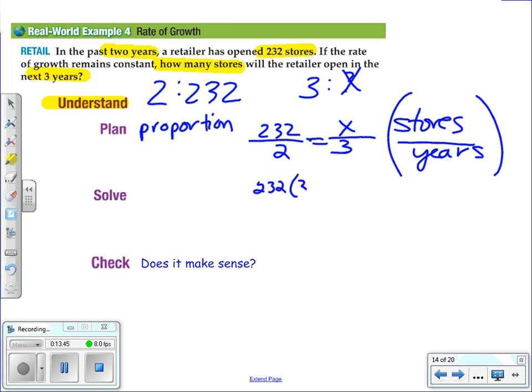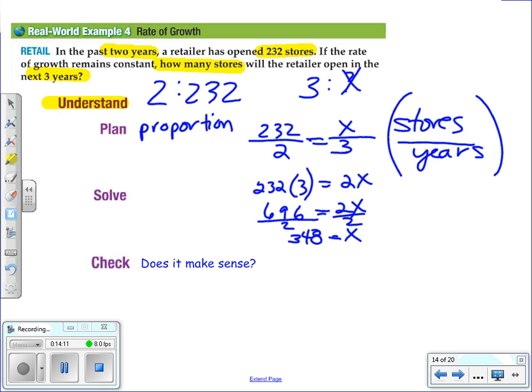232 times 3 equals 2 times x. 232 times 3 is 696 equals 2x. Divide that both by 2, right? And we get 348 equals x.